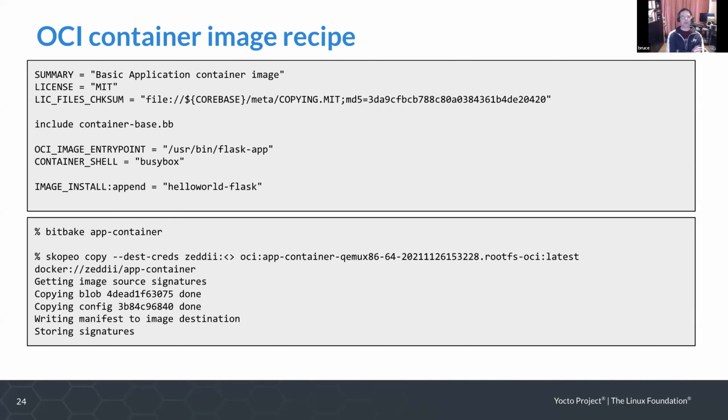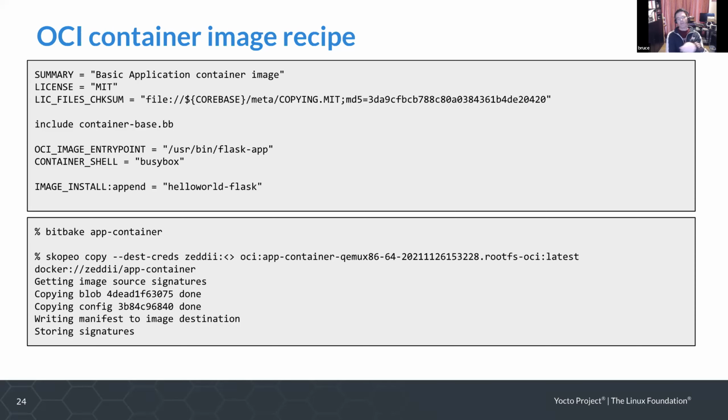I bitbake the application container, and I use Skopeo to copy it to my Docker Hub in this case. And you'll all have to guess my password, but it is publicly available. Actually, if you wanted to go run it, you could. So it copies it up in there. So that is the definition of the application. That's wrapping it in an OCI container, building it, and then copying it.